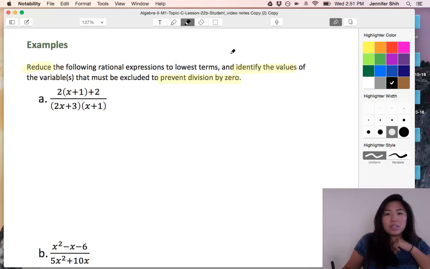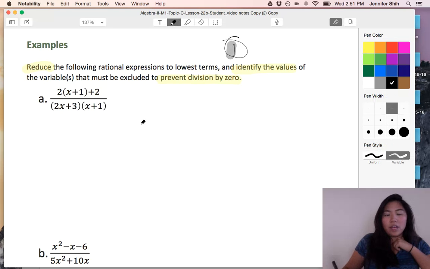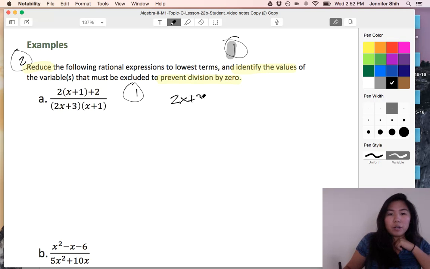So even though this says and, we should actually do this first. We should do this identifying the values first, and then let's reduce. So step 1, let's identify the values that the variable must be to prevent division by 0. So I'm going to take my whole denominator, 2x plus 3 times x plus 1 equals 0, and now I'm going to use zero product property to separate these 2 factors to solve for x.